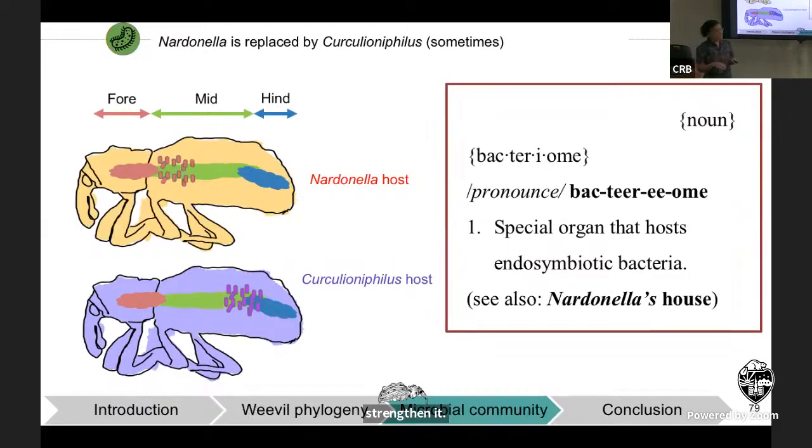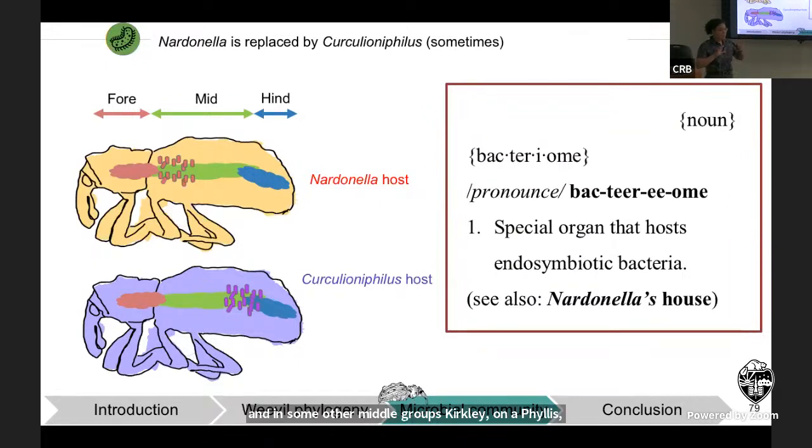Then our final primary endosymbiont is Crepulionophilus. Crepulionophilus is a little bit different in that, yes, it has been found to replace Nardinella in some weevil groups. However, the bacteriome is in a different area. So the take home from that is that in some weevil groups, Sodalis is replacing Nardinella, and in some other weevil groups, Crepulionophilus is replacing Nardinella.